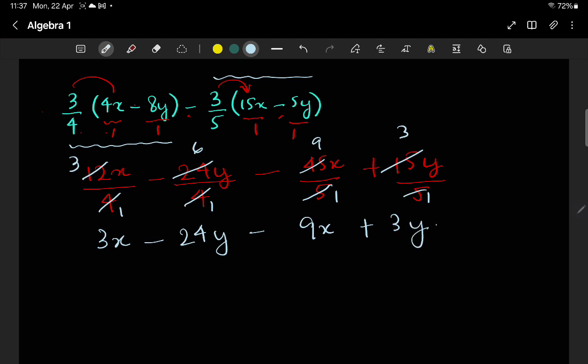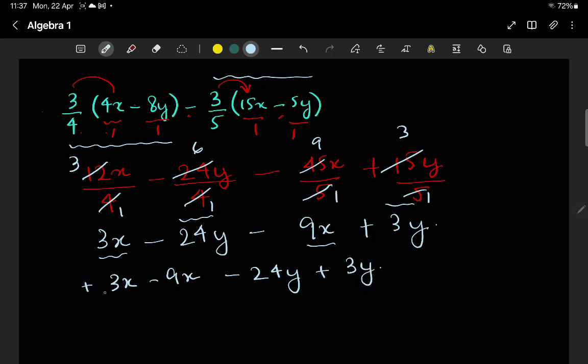And here we can see, like here we have x, here we have x, so we will rearrange 3x minus 9x, and we will also write these two terms together, minus 24y and plus 3y.